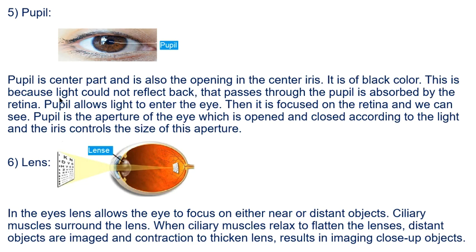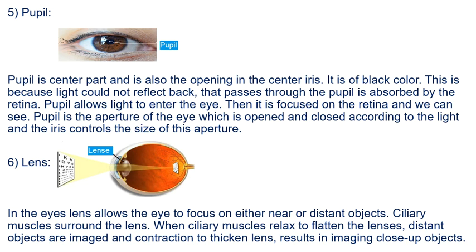There is a reason why it is black. It is black because light could not reflect back. That passes through the pupil and is absorbed by the retina. If it is not black, or if it is transparent, the light which is captured inside can go back and there will be no image formation on the retina.